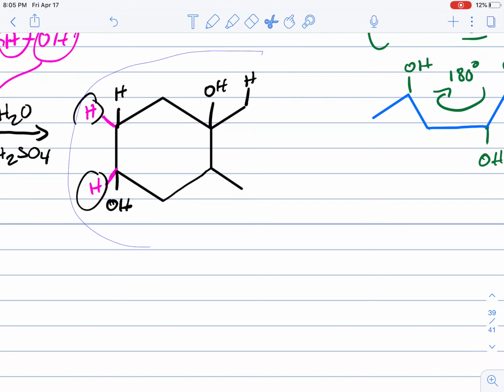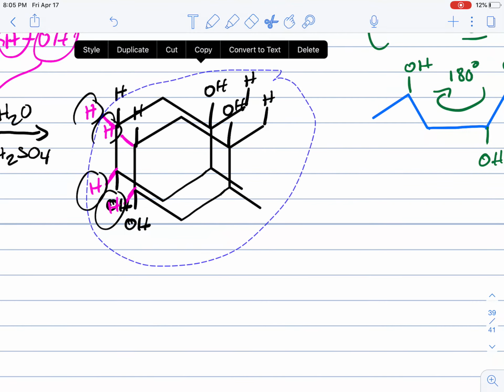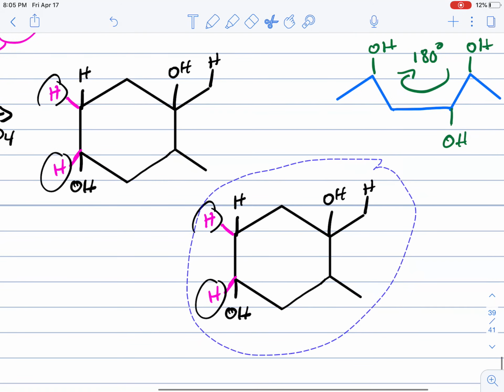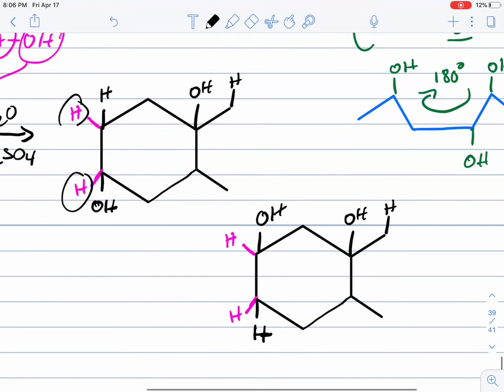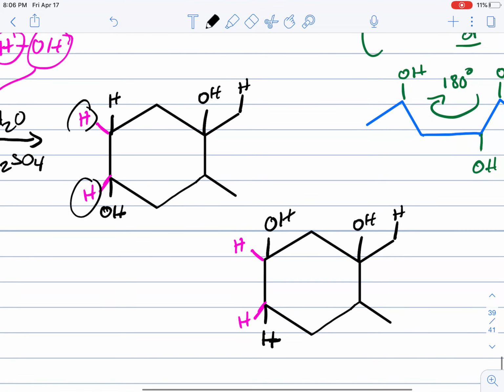And so I'm going to go ahead and duplicate this to draw a second possible product, such that your hydrogen is at the bottom and your OH is at the top. And so these two are very distinct molecules.